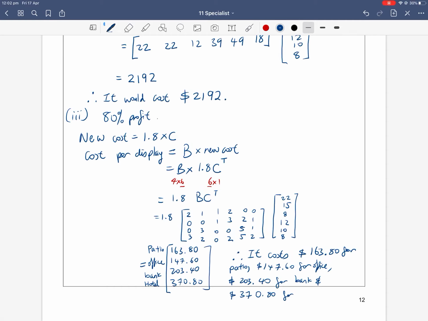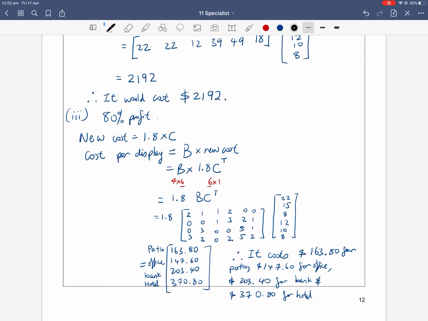Make sure you leave your answer in 2 decimal places for cost, because in money we deal with dollars and cents. So it's reasonable to have your answer to 2 decimal places, not 1, because we don't say it's $370.8. It's 80 cents for the hotel. So make sure you check your answer is reasonable as well.